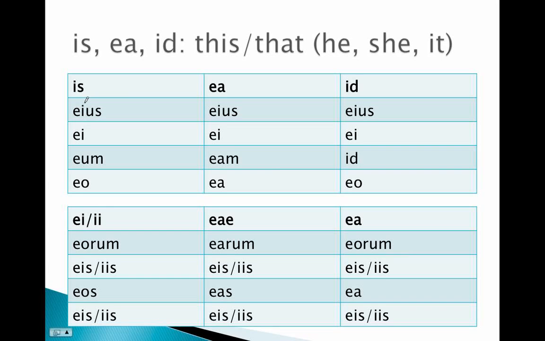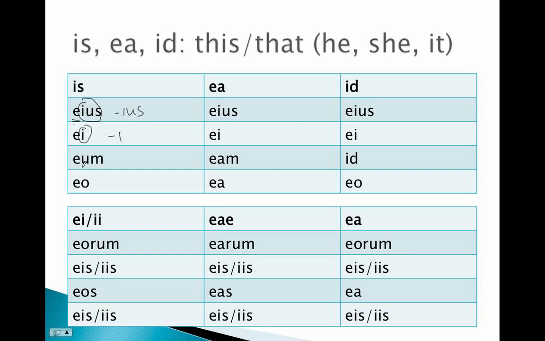And it too follows a very similar pattern to hic, haec, hoc, and ille, illa, illud, and that is in the genitive, eius; you've got your ius genitive ending. So is, ea, id, eius, eius, eius. Your stem is e, and your ending is ius. And the dative, ei, has that dative i stem ending: ei, ei, ei.